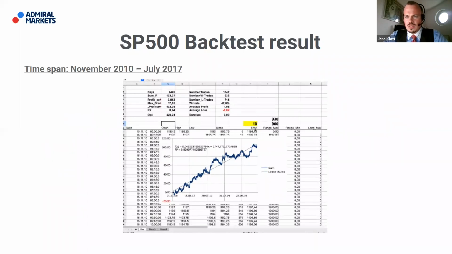Compare the numbers, very simple. So you look at what we currently have. Hit rate is 40%. If you look at the hit rate for this time span from November 2010 to July 2017, you have a hit rate in this screenshot of 47%. While if you divide the average profit by the average loss, you get 1.31 to 1, so 1.3 around.